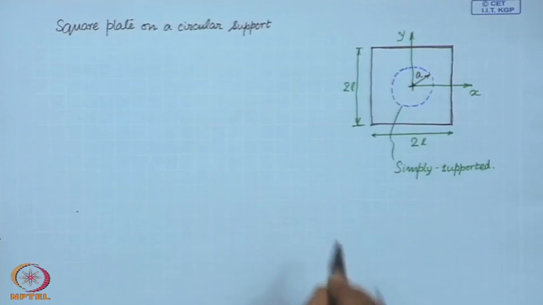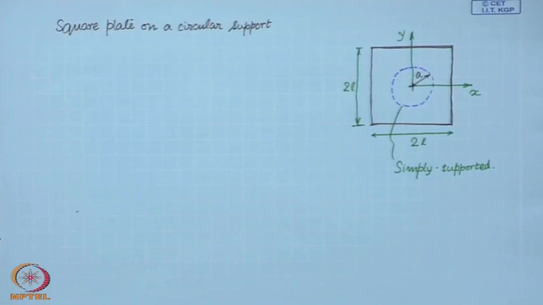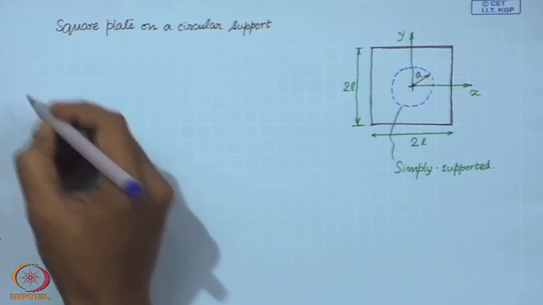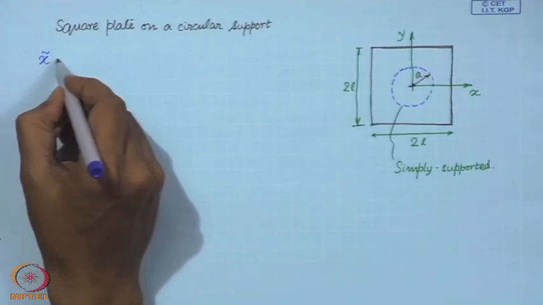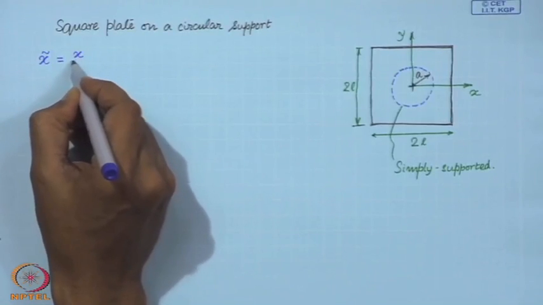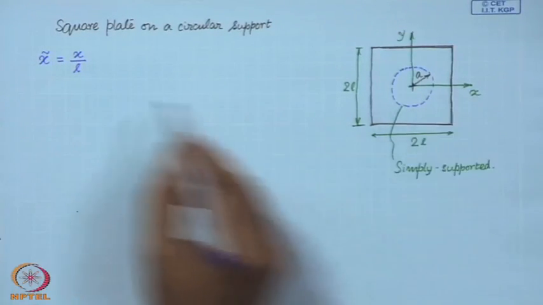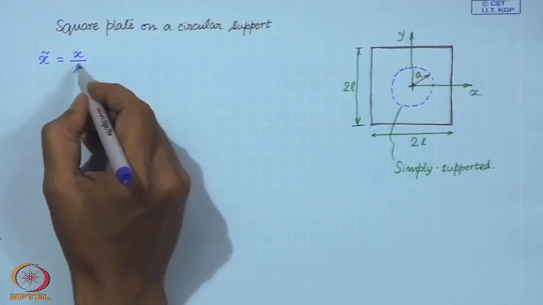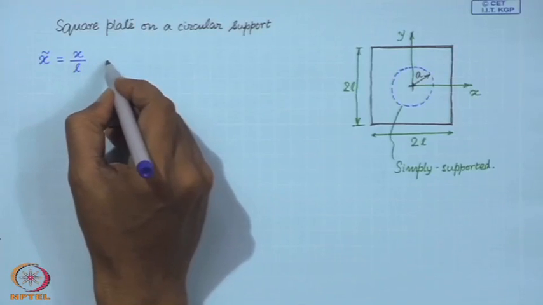Now, we already have the kinetic and potential energy expressions, but I will make some simplification, some non-dimensionalization. So, this x coordinate is non-dimensionalized with respect to the half length of the plate.